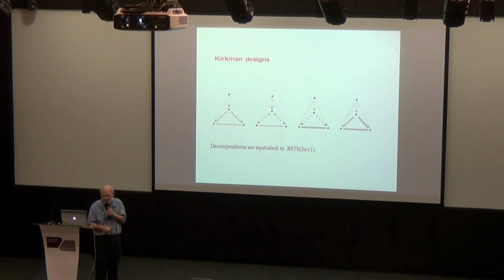There's only 4 colors. If I had more time, I would show you the equivalence between a Kirkman design on 2n plus 1 points and the decomposition of the complete graph. It's a little artificial. You must choose the first special point first.